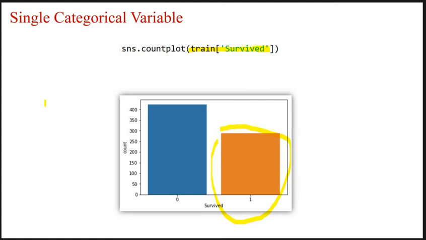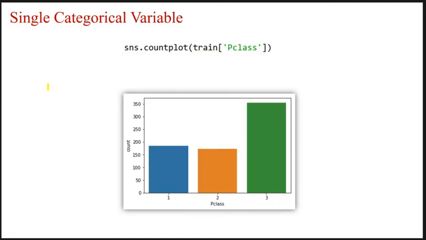Another categorical variable is passenger class that you can look at. So if you use the count plot for the passenger class, you can see these are the three classes, and you can clearly see that most of the passengers are in class 3 of the Titanic, and fewer passengers for the other two classes.